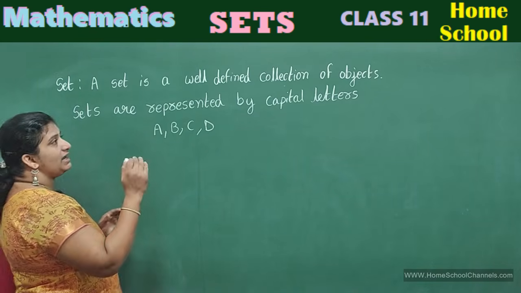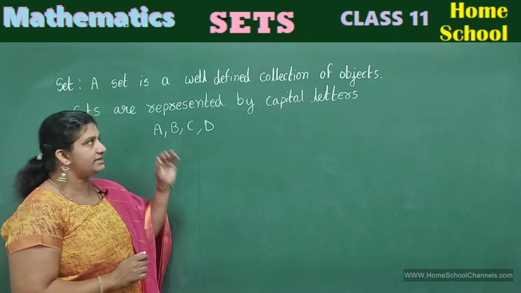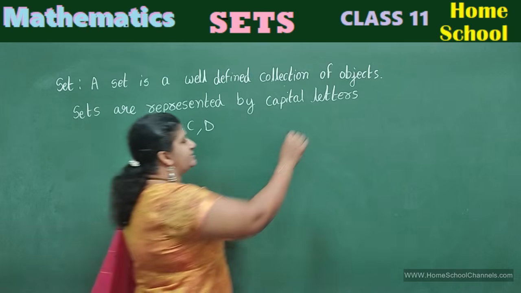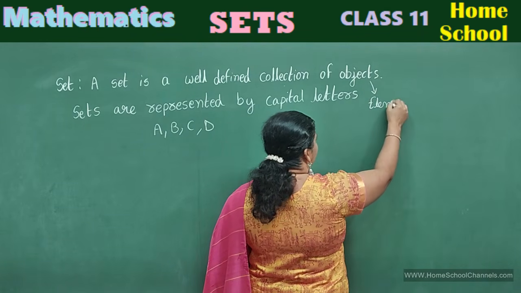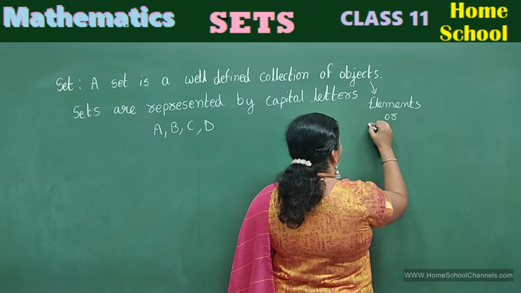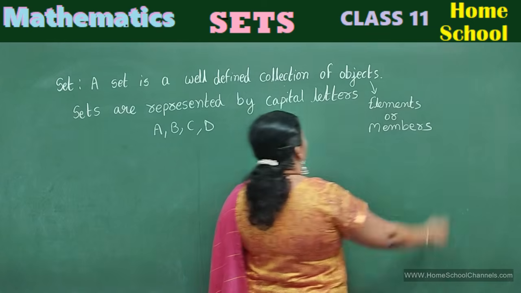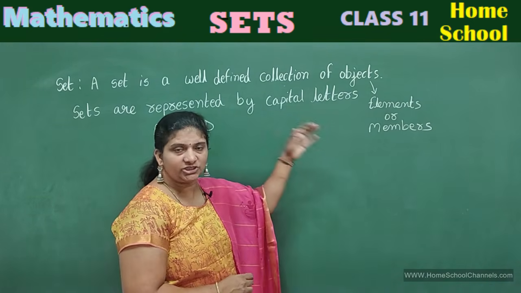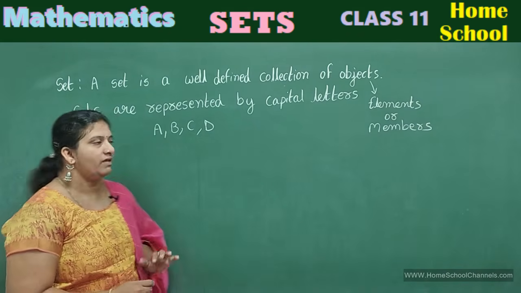Then the elements inside the set, see here, a set is a well-defined collection of objects. Objects, I may say them as elements, or I may call them members. Set, collection of elements or objects or members, all come under the same meaning.